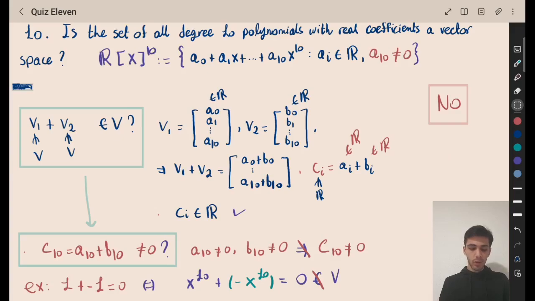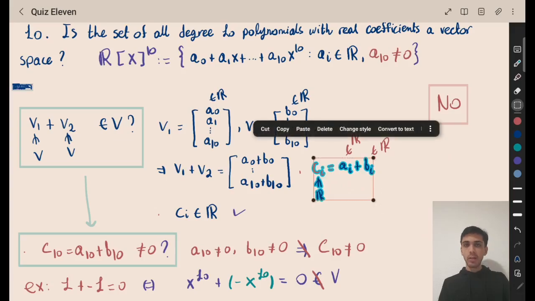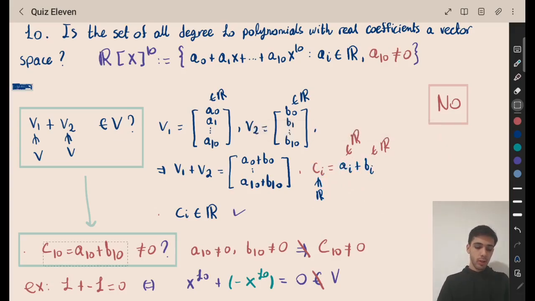But in principle, if scalar multiplication or addition fail, then the more complicated operation of combining these two operations should also fail. So it is actually sufficient, more than sufficient, to look at these ones.